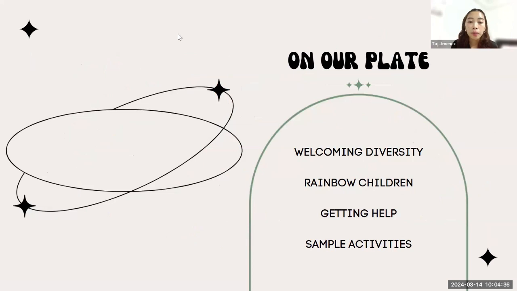I will also be giving you some tips on how to get help, and we'll be showing you a sample weekly lesson plan, including activities on how we can accommodate these diverse children in our classroom.